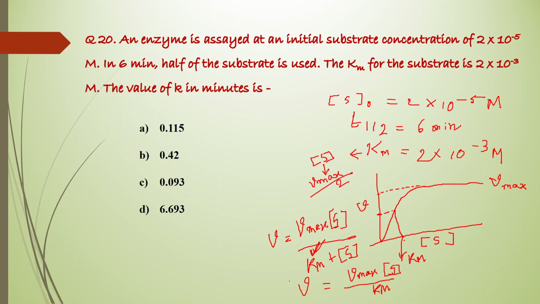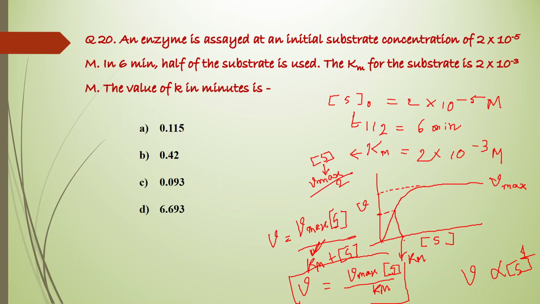So now look at the equation at low substrate concentration, the dependency of velocity and S. What is the relation? V is directly related to substrate concentration to the power 1, right?